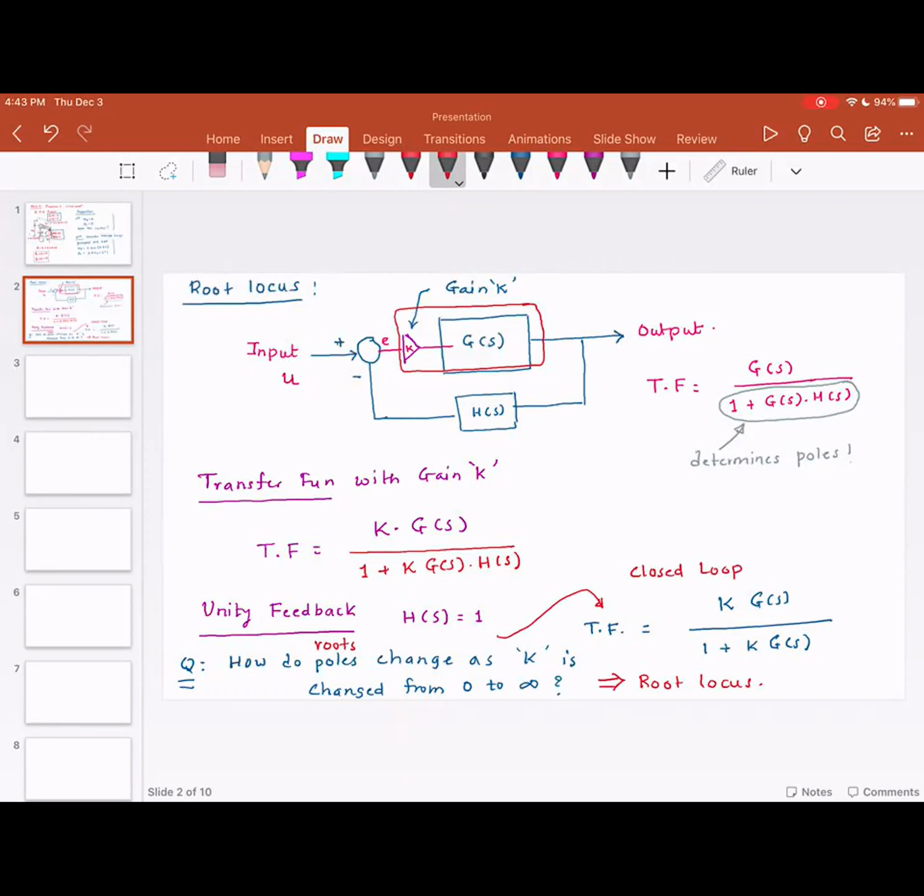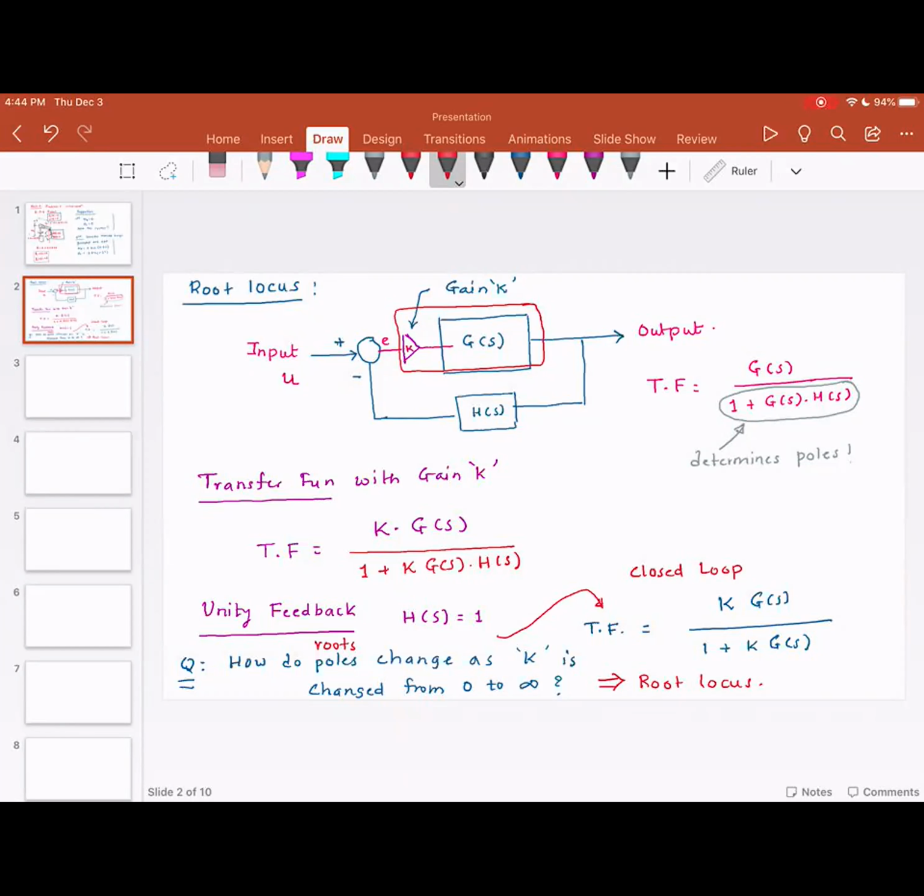How do the poles of the closed loop transfer function change depending upon the change in the gain? And that is all there is to it. So I'm going to take a simple Matlab example, and then we will show how to plot the root locus.